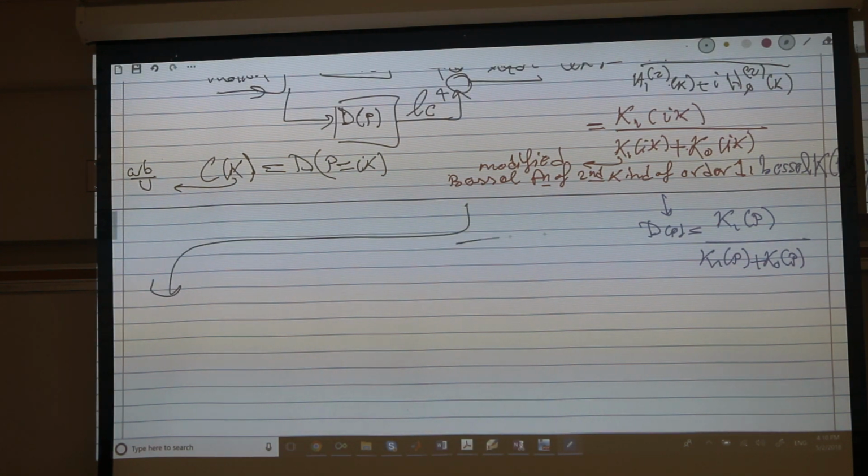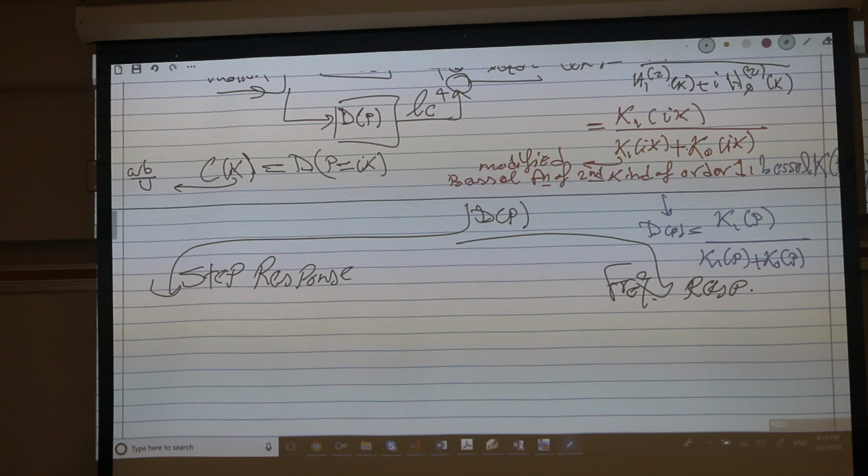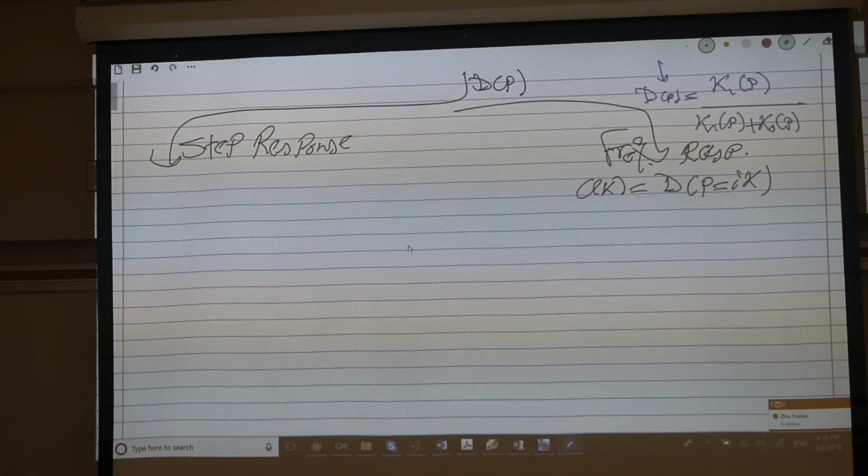We'll do the same two responses with D of P, like what we did with the generic transfer function. Here is the step response, and here is your frequency response. We already said that our frequency response, C of K, is D of P after replacing P by IK or I omega. We already know our C of K, it looks like this.